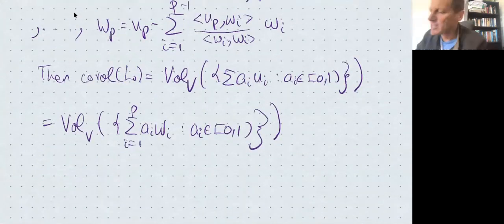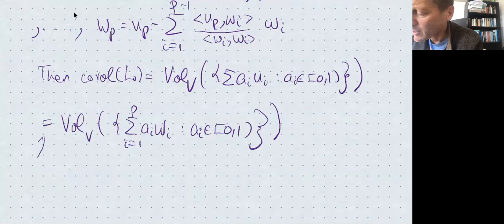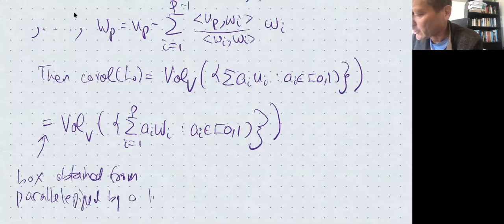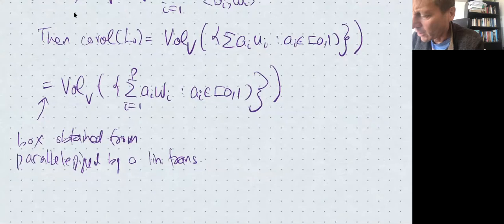This isn't the same set anymore, but the volume is the same. The reason the volume is the same is that the box is obtained from the parallelepiped by a linear transformation of determinant 1.